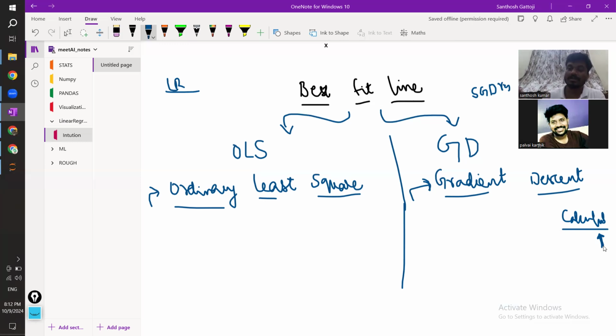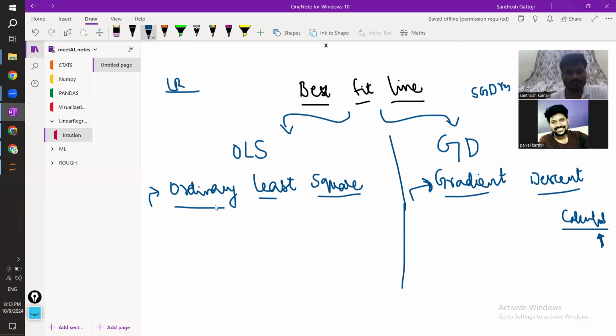During the training process, the way it learns is through this concept called gradient descent. So this is a fundamental concept for you to learn. If you learn it here in linear regression, it becomes a fundamental concept for deep learning also. We will be seeing this mostly in the next class.